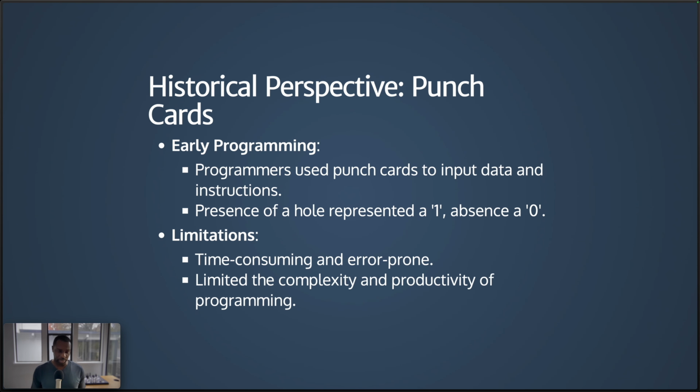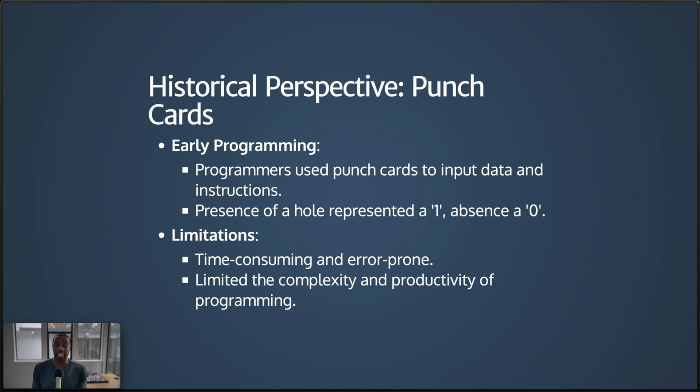To hammer this point, the early computers were programmed with punch cards. You literally had a physical card, and if you wanted to represent 1, I believe you punched that part out. If you wanted to represent 0, you didn't. And you fed this actual physical card into the computer, and it executed your program, because that was your storage or your data.